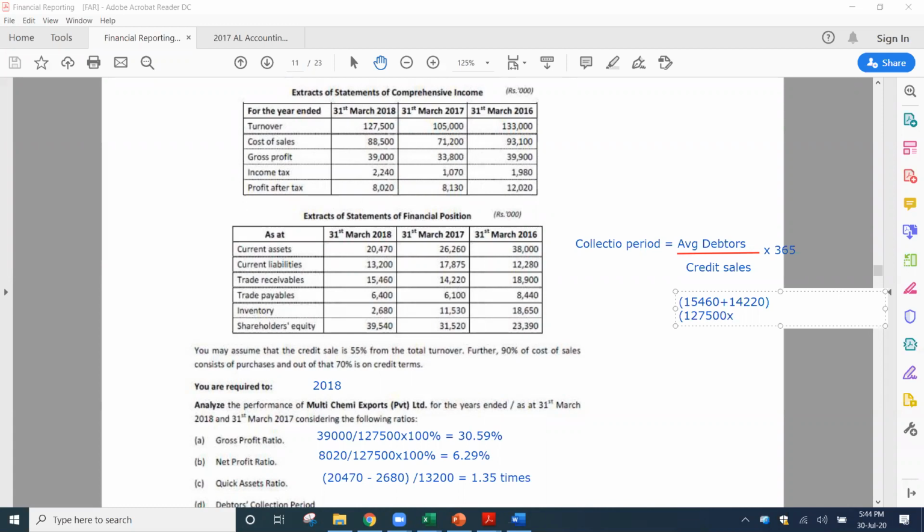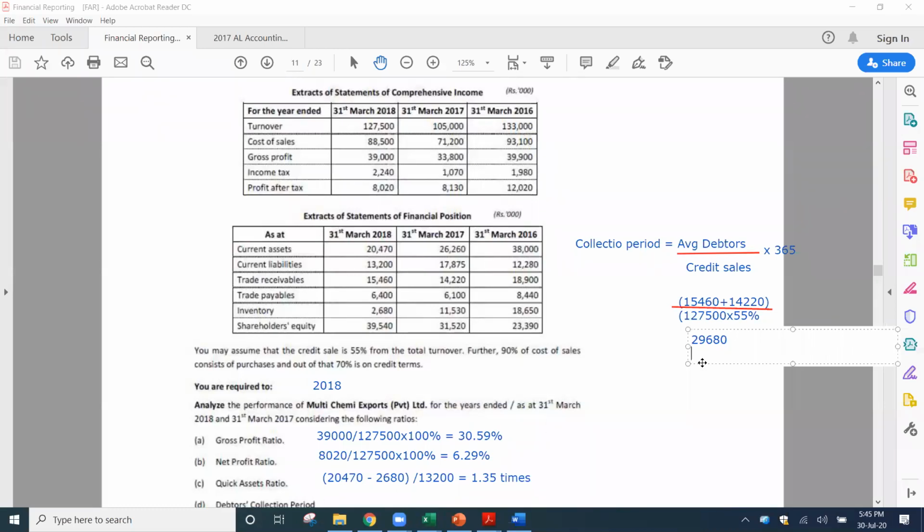Out of this, only 55% is credit sales. 15,460 plus 14,220 equals 29,680.